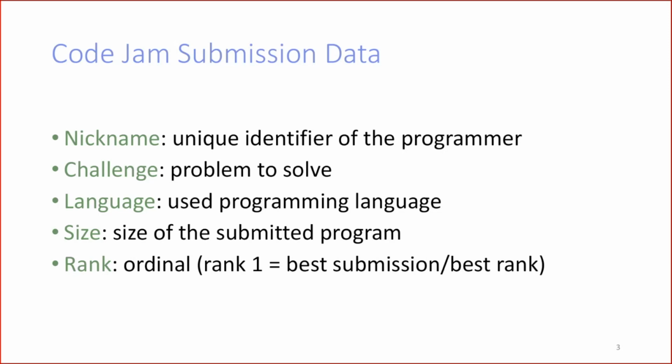So rank 1 means that was the best, rank 2 means that was the second best, and so on, right? And remember, the rank is based on correctness, and when there are ties on correctness, then it's time of submission. So it incorporates that piece of information.